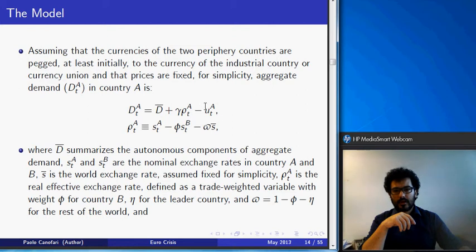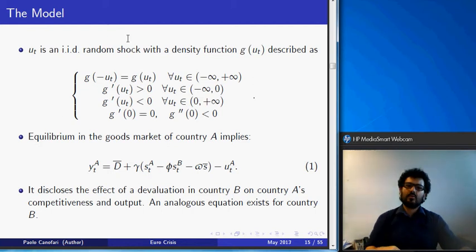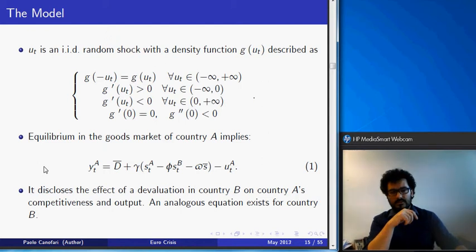Then we have a shock affecting country A, which is an IID random shock with the density function g of ut described by the following properties. This distribution includes the normal distribution.